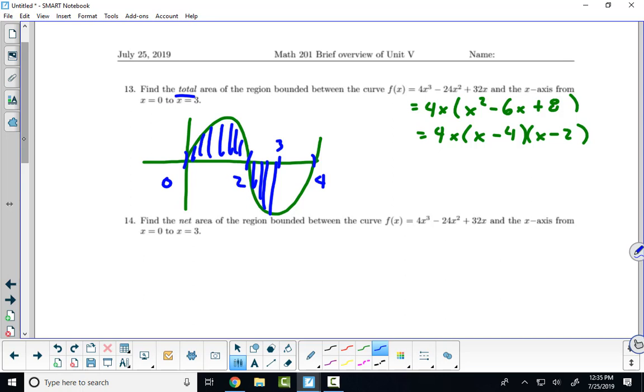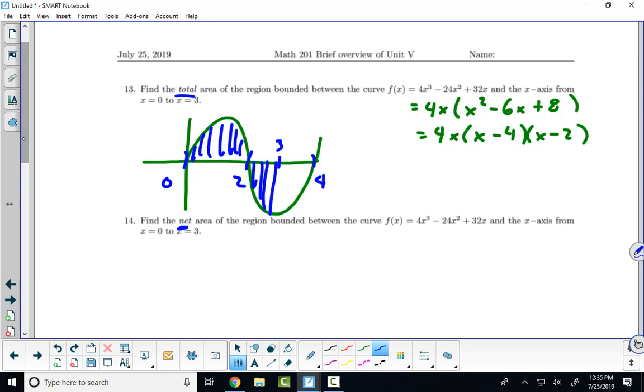Now, what's the difference between this and the word I've been using? I've been using the word net. When we use net, how do we count this area underneath the curve? We count it as negative. But if I want total area, if I literally want to carpet this region and this region here, I don't want this to cancel with this. I won't have enough carpet, right? So I want to count this as positive.